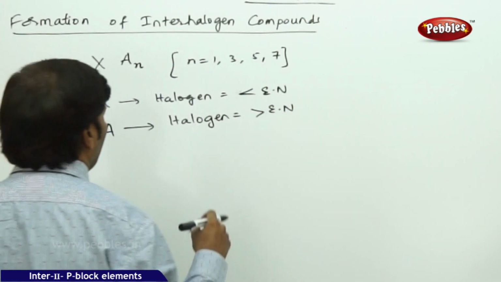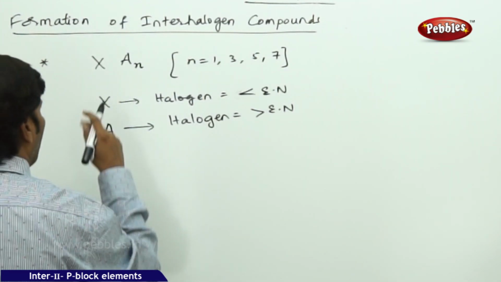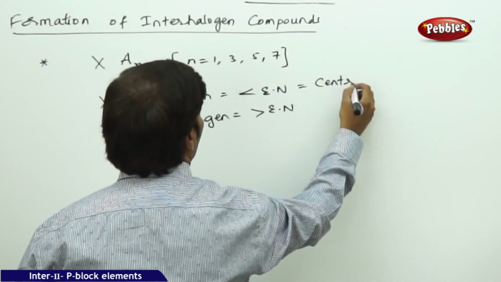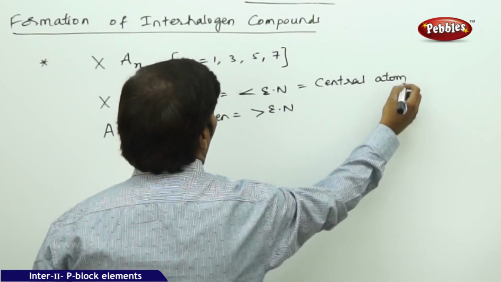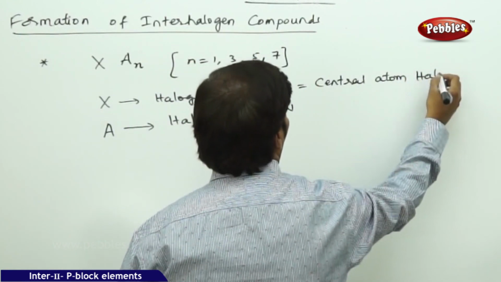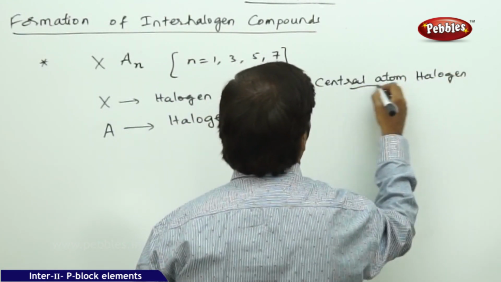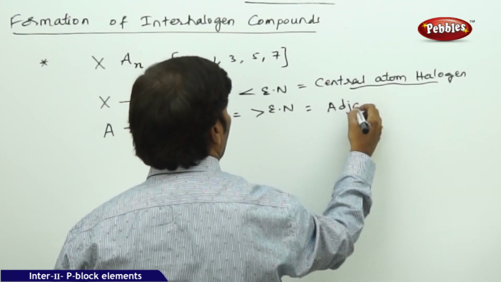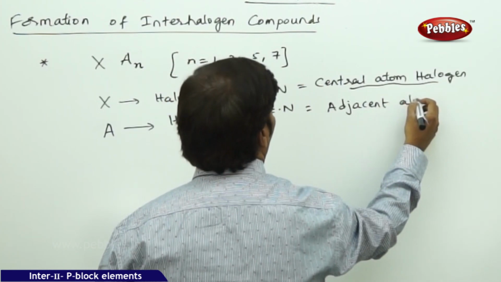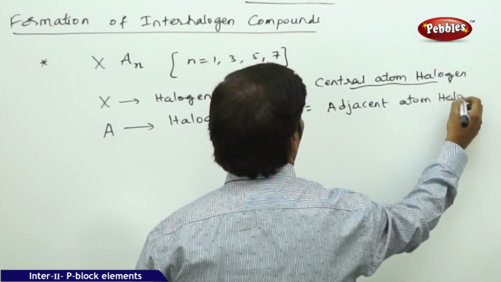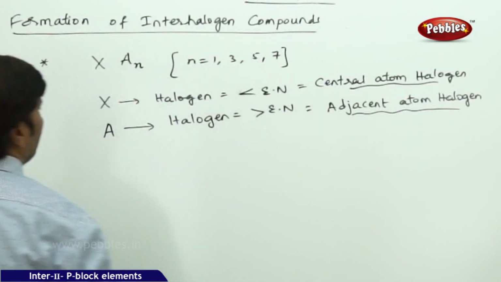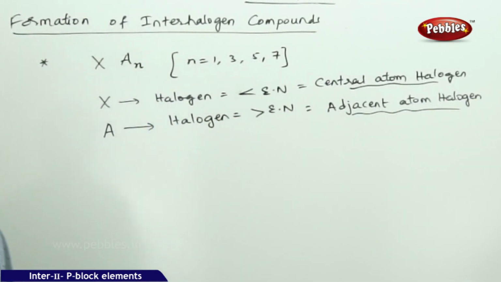So here X is acting as the central atom halogen, and A is acting as the adjacent atom halogen. Okay, fine. So now how can we justify this?